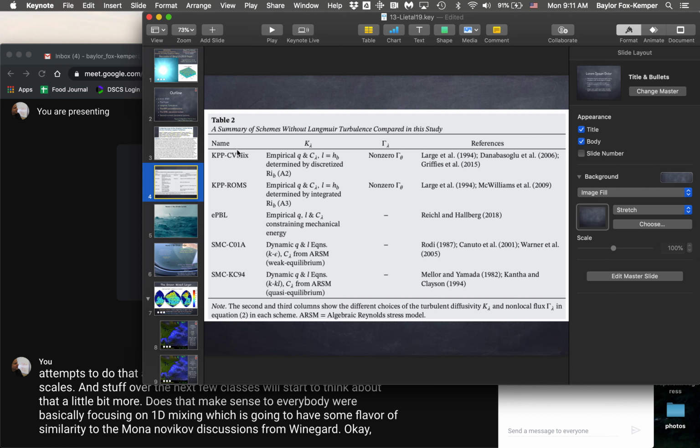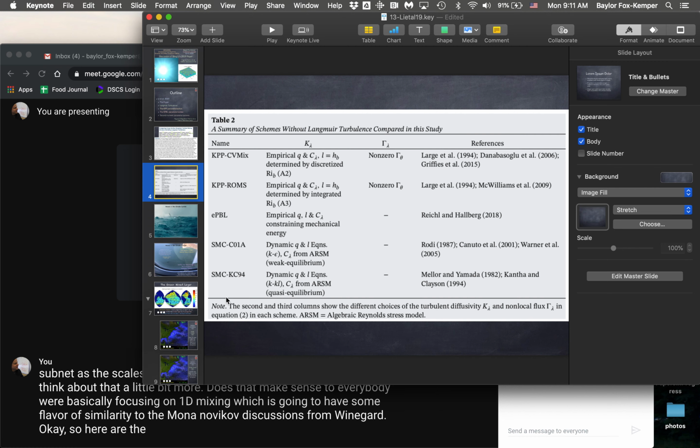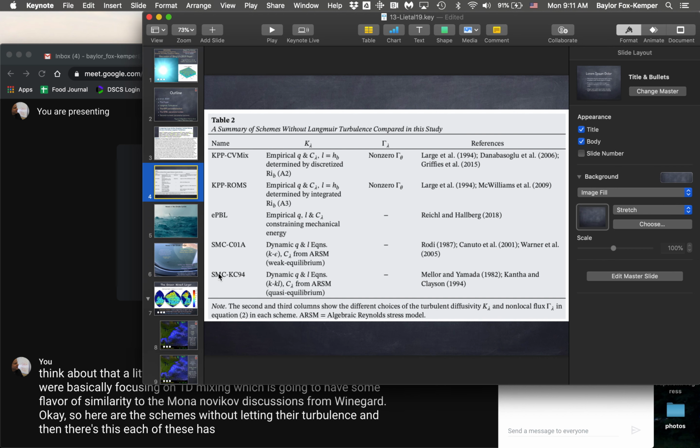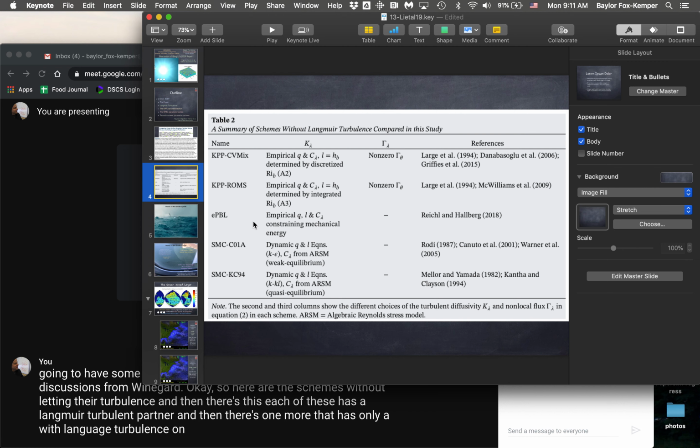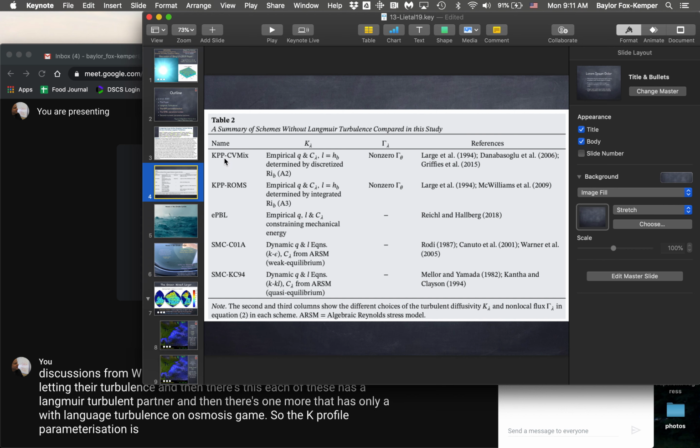Okay, so here are the schemes without Langmuir turbulence. Each of these has a Langmuir turbulent partner, and then there's one more that has only a with Langmuir turbulence on, the OSMOSIS scheme. So the K profile parameterization is one, which we'll discuss.